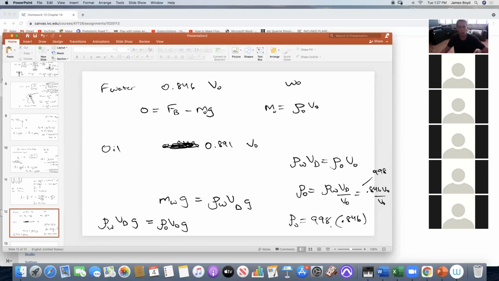The volumes canceled. That's how you have to write this so that you can cancel the volumes. This is the volume displaced or the volume submerged. So 998 times 0.846 gives me 844 for the density of the wood.